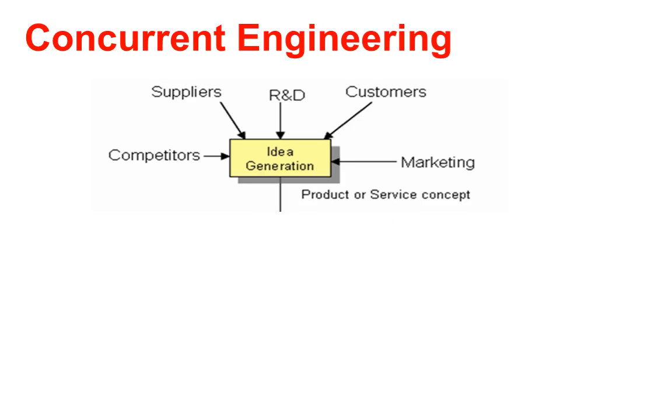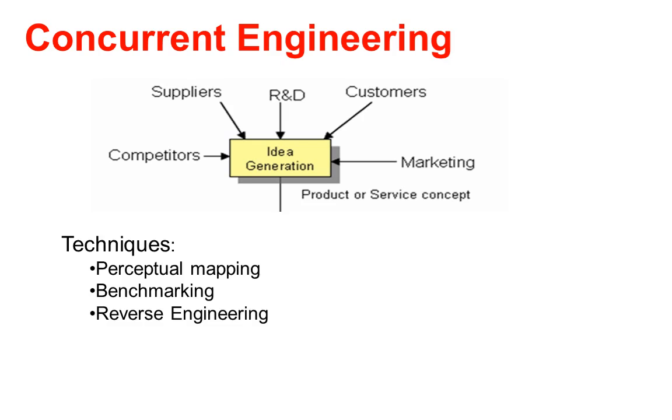Again we repeat, idea generation through competitors, suppliers, research and development, customers and marketing department, product or service concept is received. All the information is coming simultaneously. Techniques used are perceptual mapping, benchmarking, and reverse engineering.